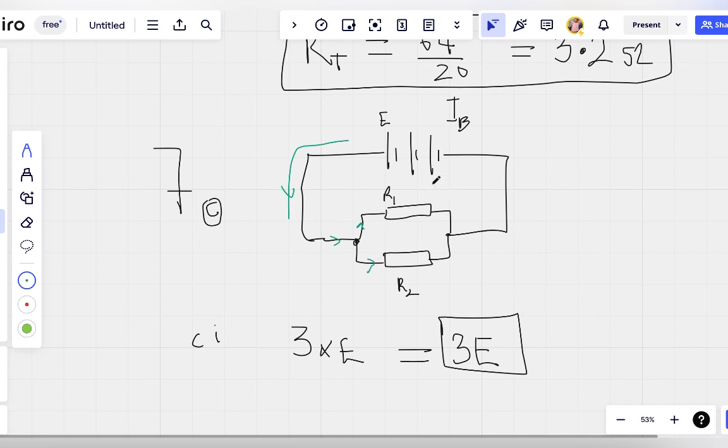This one has a bigger resistor, 16 ohms, and this one has a smaller resistor, R1. So more current will be here. The bigger the resistor, the smaller the current.